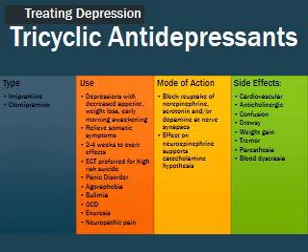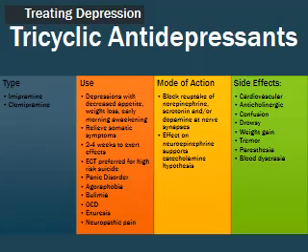The tricyclics. This was our first antidepressant created, and it's the most effective for those in particular that have decreased appetite and weight loss, or weight gain, and early morning awakening. However, there's a high risk of suicide. These work by blocking reuptake of norepinephrine, serotonin, and or dopamine.